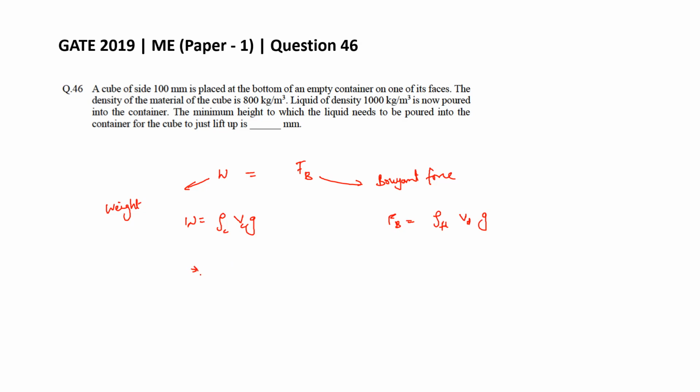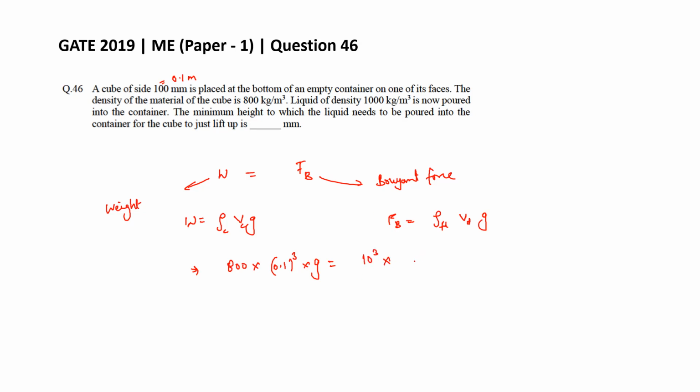Now if we do the balance, this rho of C is given to us as 800. Volume, since this is a cube, we can just take as the cube of its side. So this is 100 mm, which will be equal to 0.1 meter. So this is 0.1 cube times g. Now the density of the fluid is 1000, so this is 10 raised to the power 3.